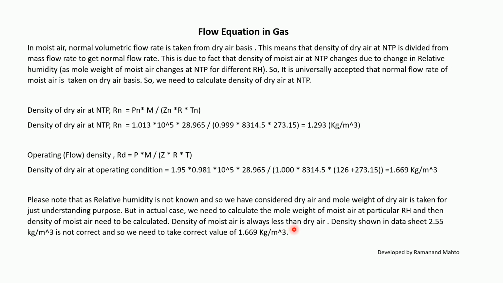Density of moist air is always less than dry air. Density shown in the data sheet is 2.55 kg per meter cube, which is not correct. So we need to take the correct value of 1.669 kg per meter cube. In actual practice, this has to be changed based on the RH.